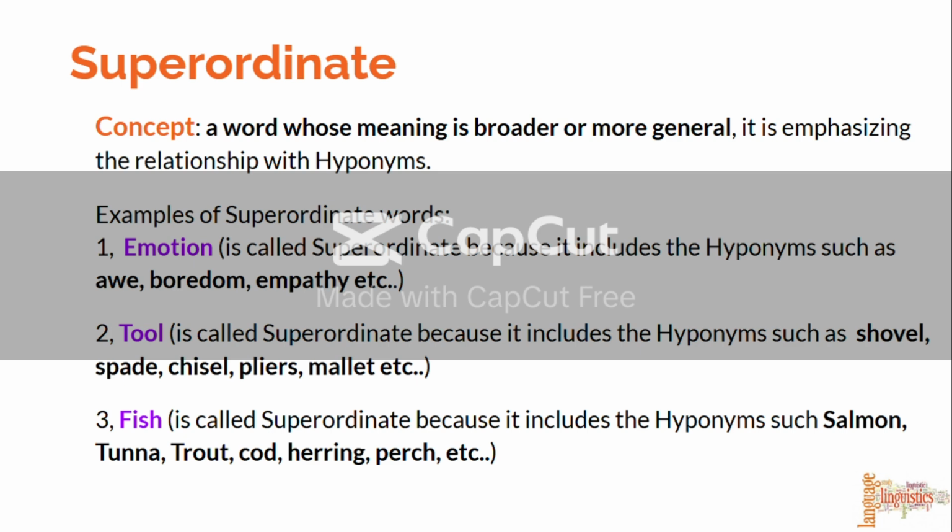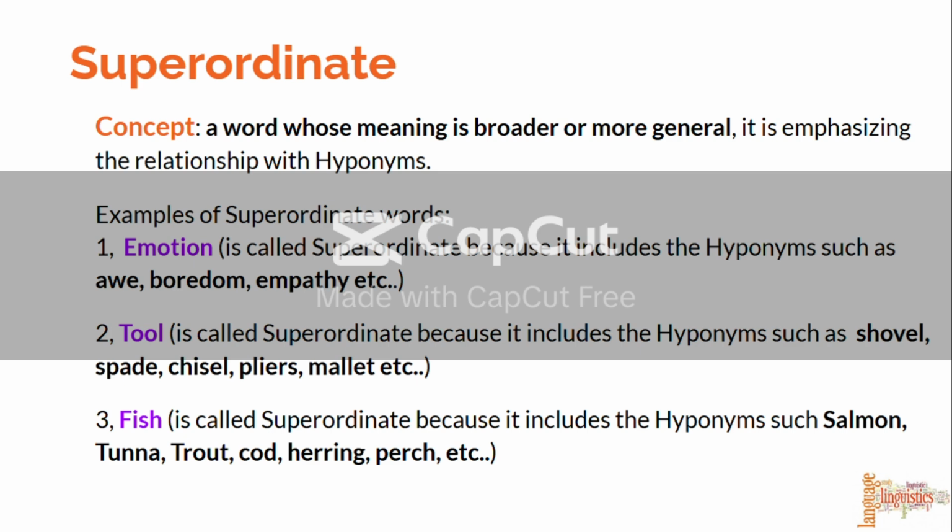And let's look at the second word, tool. The word tool is called superordinate because it includes the hyponyms such as shovel, spade, chisel, pliers, mallet, etc. And the word tool is referring to a broader or general meaning rather than the words like shovel, spade, chisel, pliers.